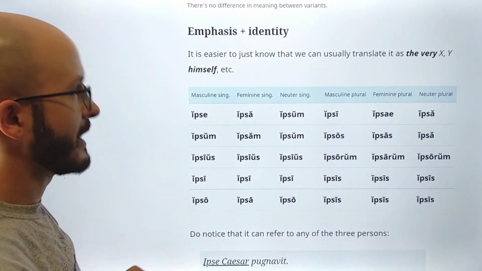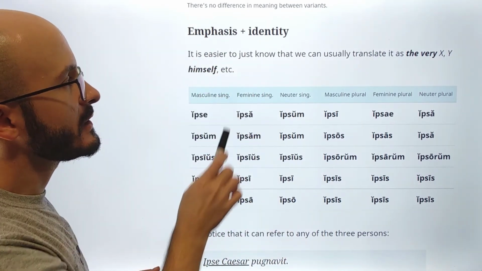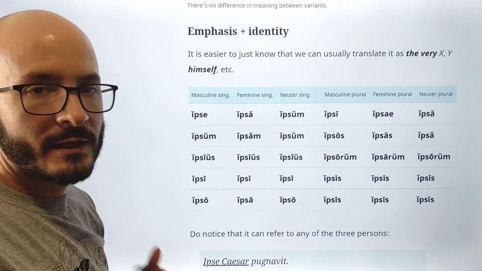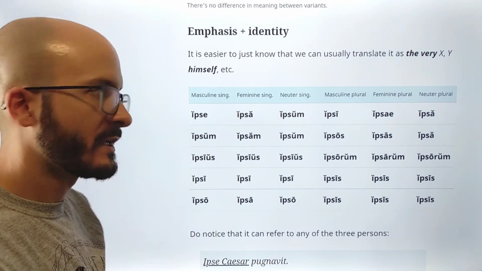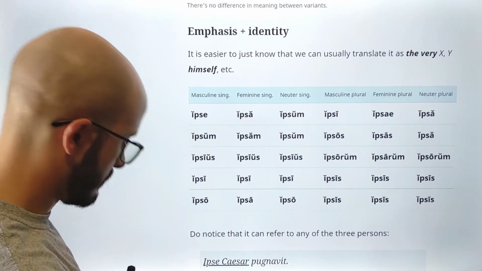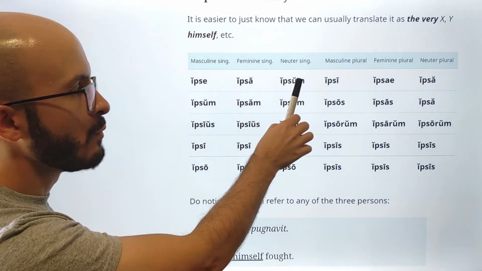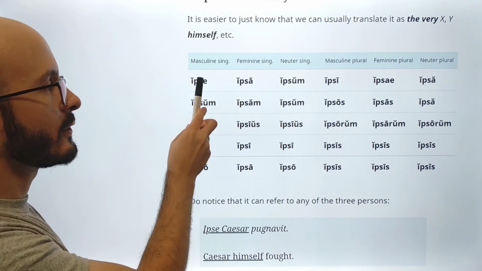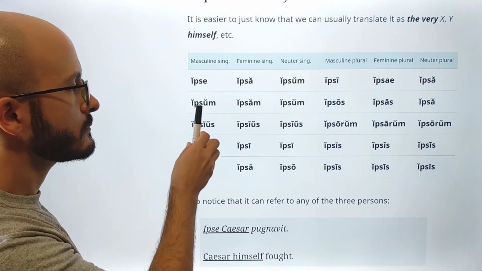And then the last pronoun, emphasis plus identity. It is easier to just know that we can usually translate it as the very whoever, or whoever himself, etc. We are going to see a few examples. So here we have ipse, ipsa, ipsum. Also notice here that it is not ipsud. Also notice that again here it is not ipsus. Okay?